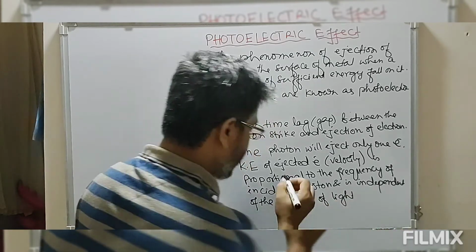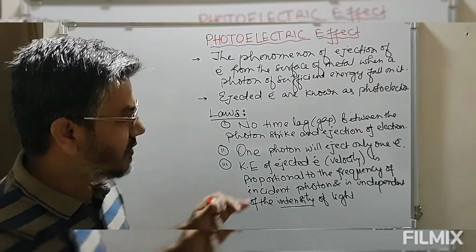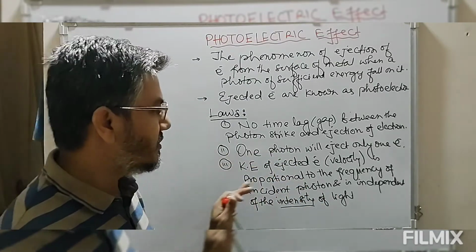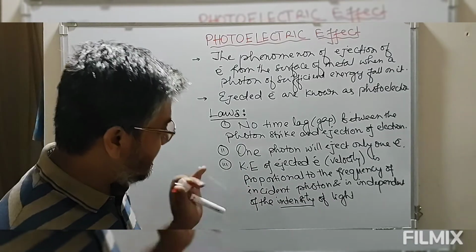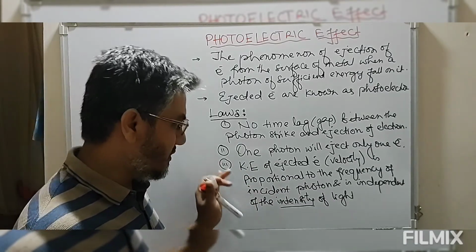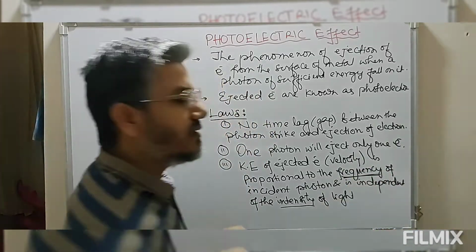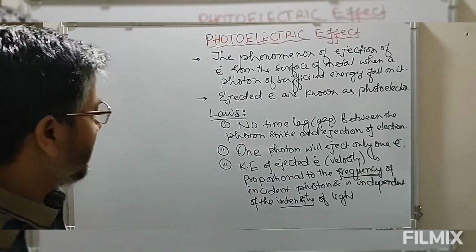Intensity means brightness. So intensity or the brightness has nothing to do with the energy or the velocity of the ejected electron. This kinetic energy depends only on the frequency of the incident photon.